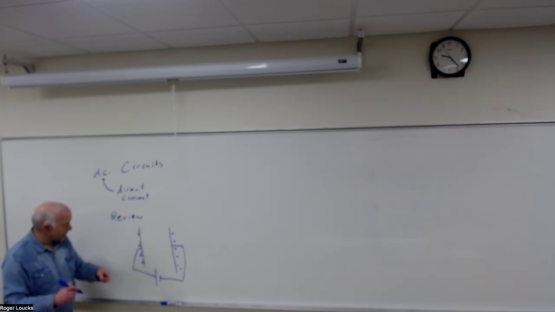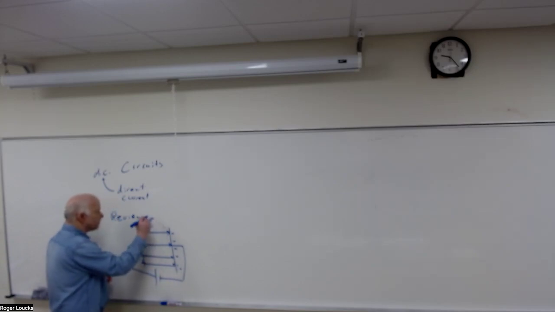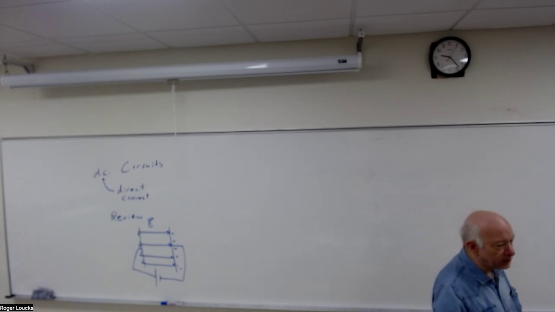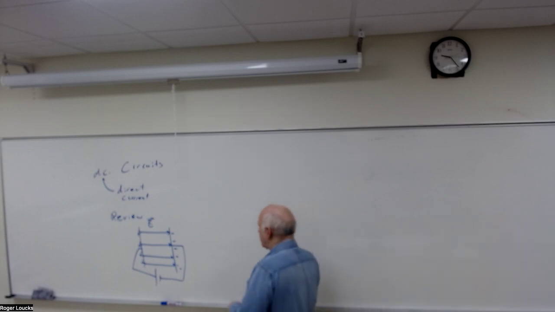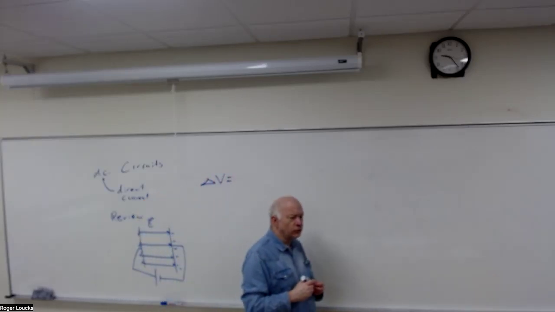It goes from positive to negative, like this. That's our electric field, this is E. And in the case of two parallel plates, what do we know about that electric field? That electric field is a constant. And so if we wanted the voltage difference here, how do we say we found the voltage difference?